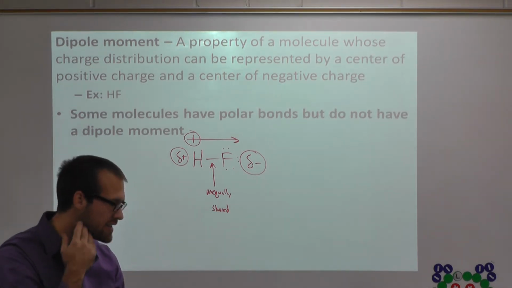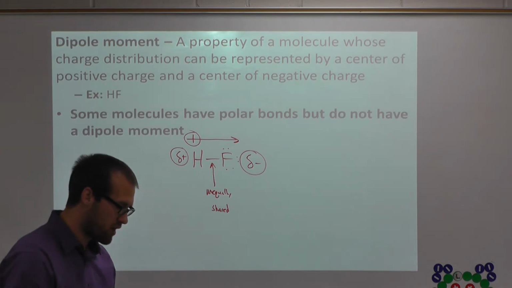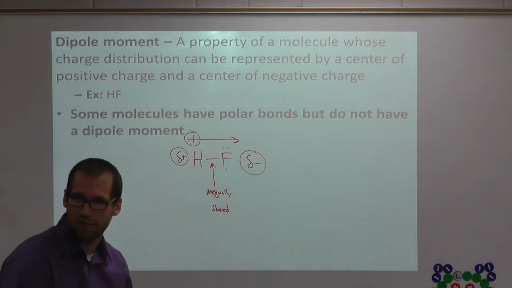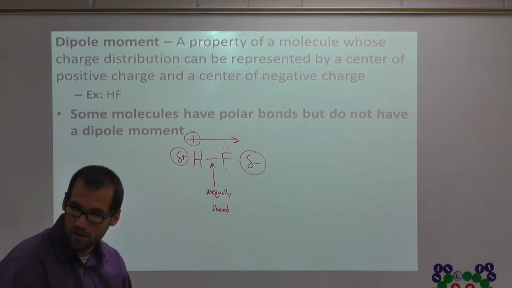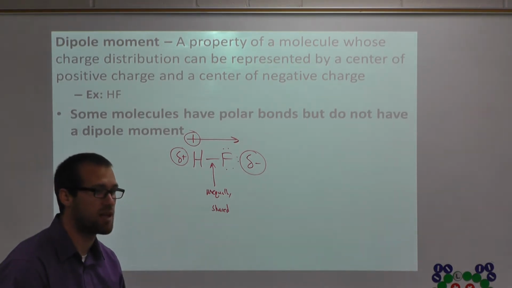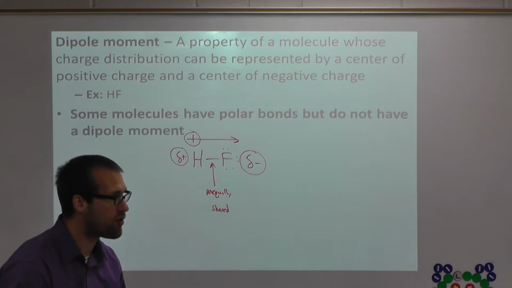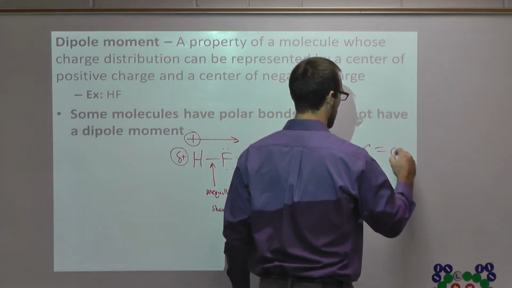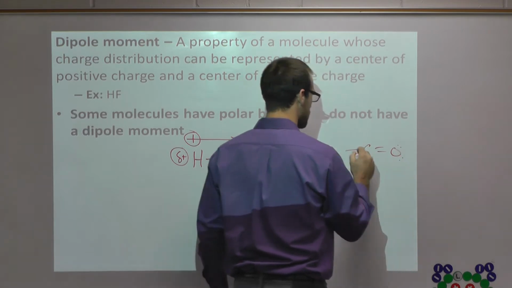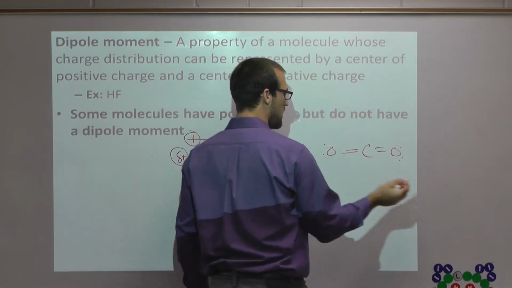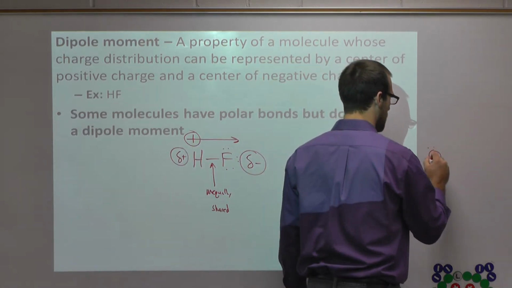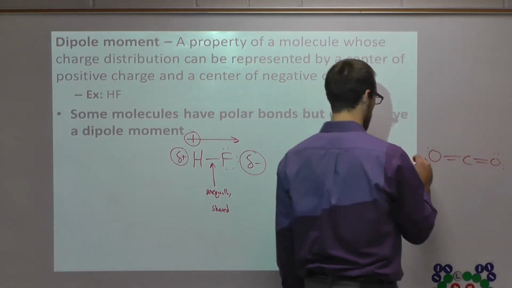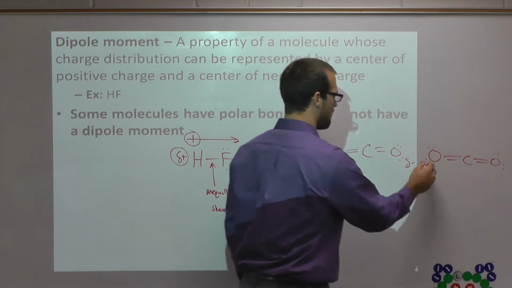So if you look at that far left one, you've got the positive region right in the middle, and the negative regions are on the outside. So we still have polar bonds, but they pull in opposite directions. Therefore, if I have CO2 molecules here, and I put another CO2 molecule up to it, is there much attraction force here?